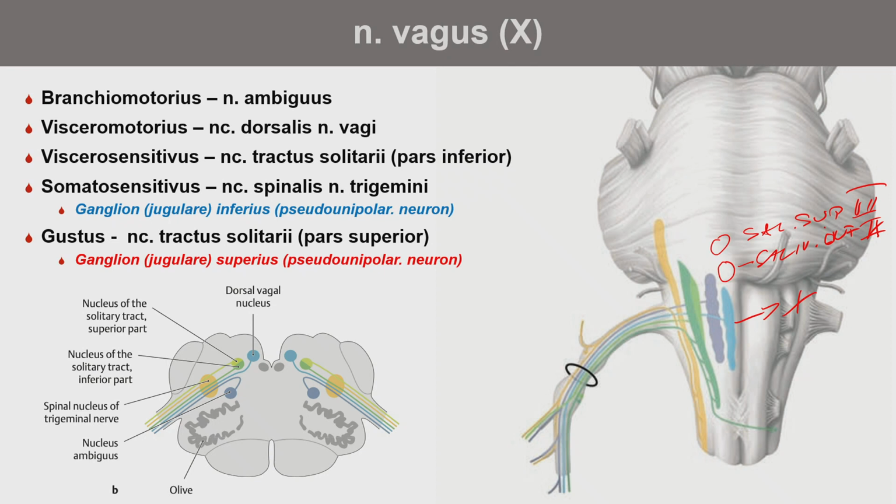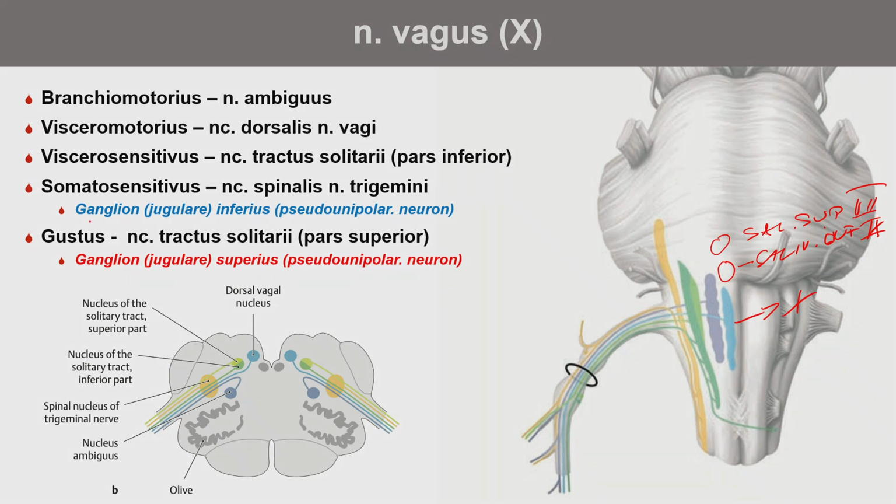This somatosensitive, for you, the most important territory is inside the outer meatus, the external auditory channel. Inside you have the territory of the vagus, and when you irritate the inner space of the outer auditory channel, you can start coughing, so it is important that it is the same.